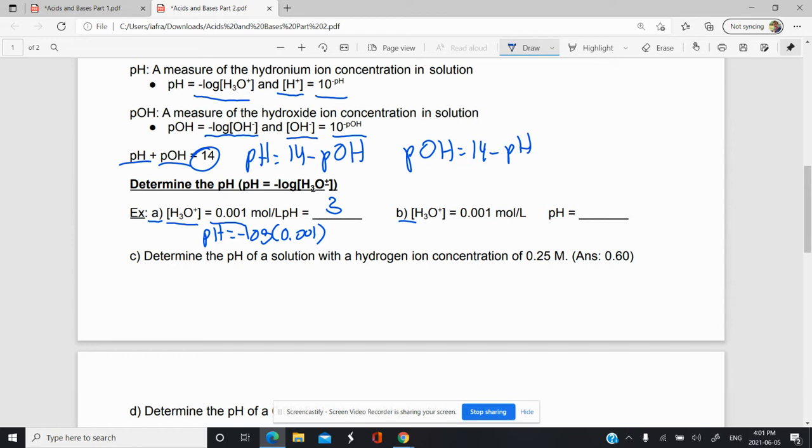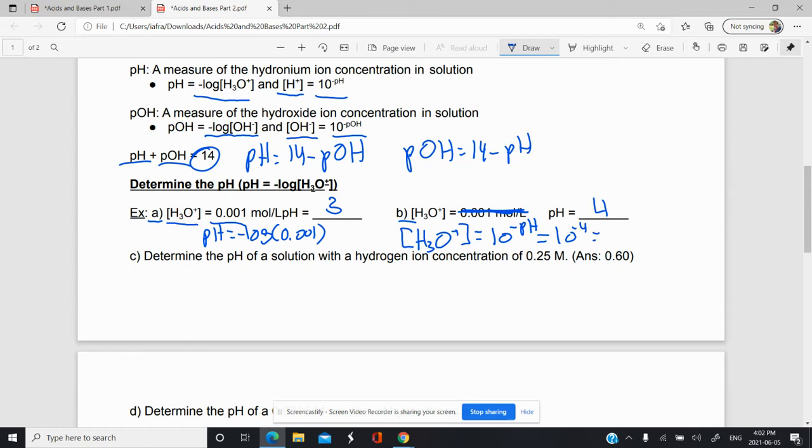Let's try this example over here. Actually it's the same example. What we'll do is we'll change this up a bit. Instead, I will give you the pH, and you will come up with what the concentration of the hydronium ion should be. So if I say you have a pH of 4, remember that if you want to find the concentration of H3O+, you would simply do 10 to the power of negative pH, which is 10 to the power of negative 4.